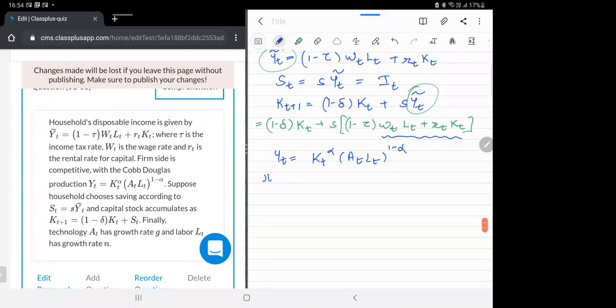The profit function of the firm is Y_t − w_t L_t − r_t K_t.